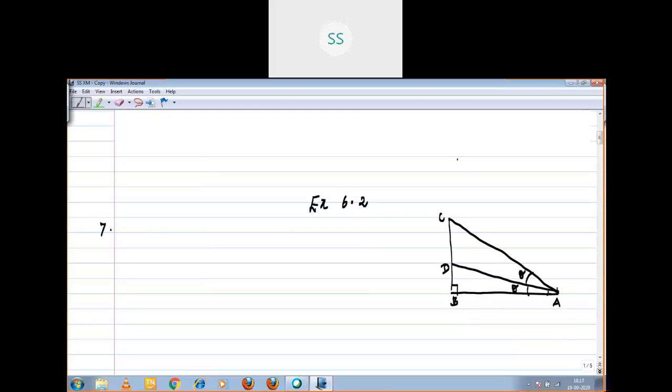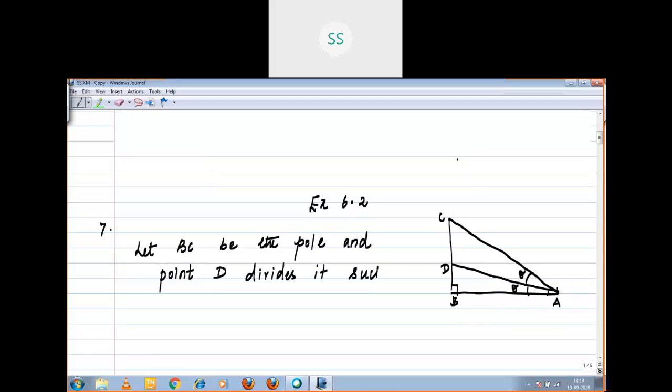Now I am going to write up for the diagram. Let BC be the pole and point D divides it such that BD is to BC, BD is the lower part, right? 1:9.